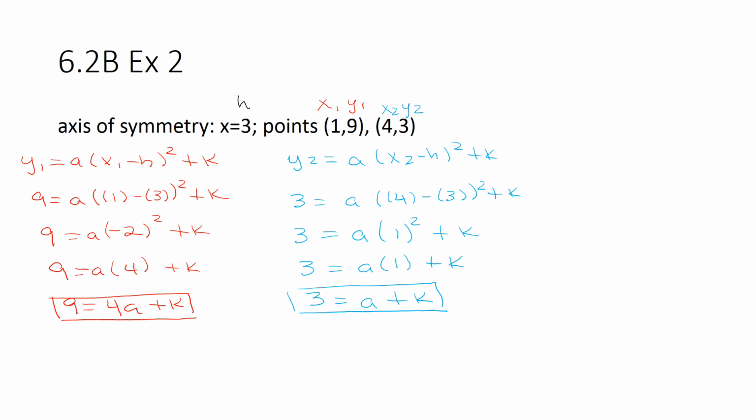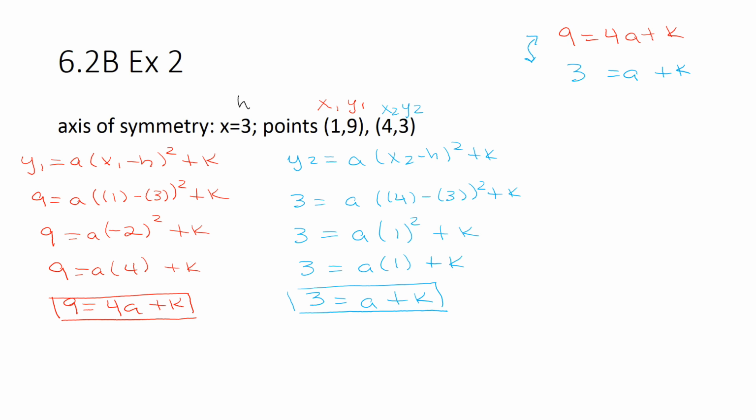So our next step is to line them up. Okay, 9 is equal to 4a plus k. 3 is equal to a plus k. And you can do substitution or elimination. In this example, I'm going to do substitution. So in order to do substitution, you need to solve one of these two, it doesn't matter which one, for a variable.